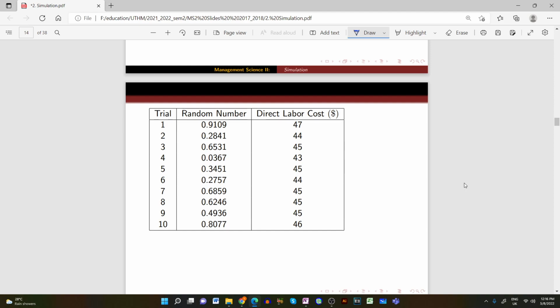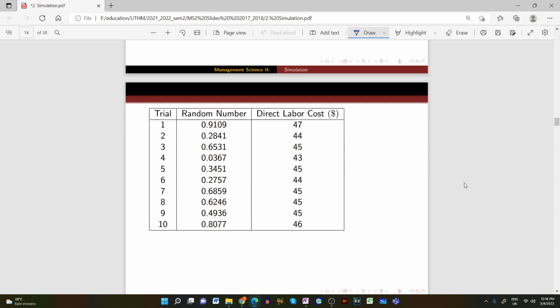Previously for the base case we take the average, for the worst case we take the maximum cost, for the best case we take the minimum cost, but for this kind of simulation trial we use random numbers and some probability to generate the labor cost for 10 trials.